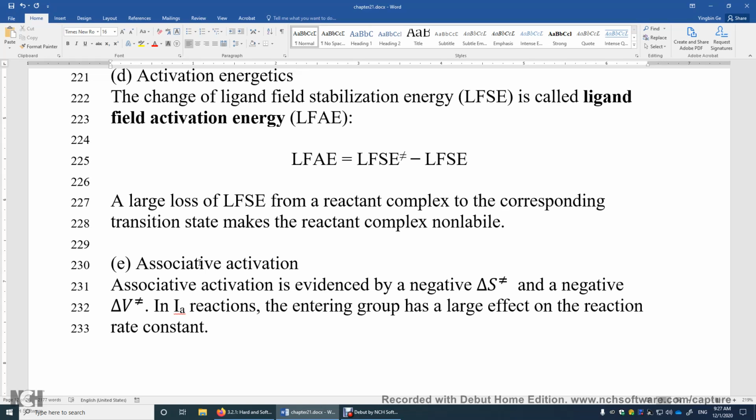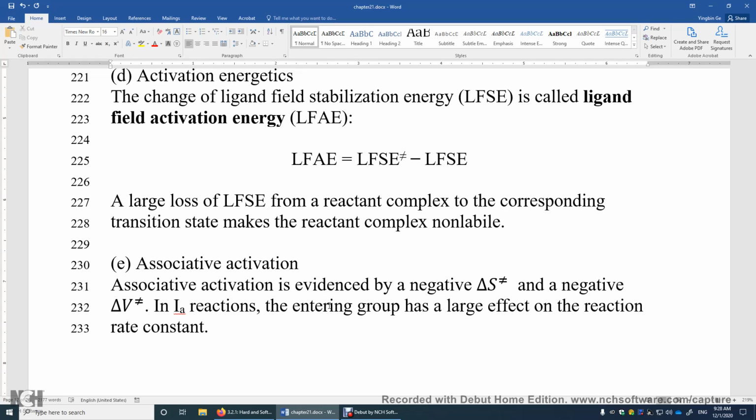That's an indicator of the associatively activated mechanism. And also, you can determine the entropy of activation and volume of activation. If both are negative, then you can be sure that the transition state structure is more compact than the reactants in the rate limiting step.